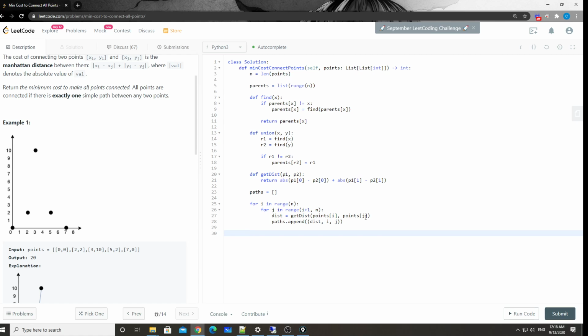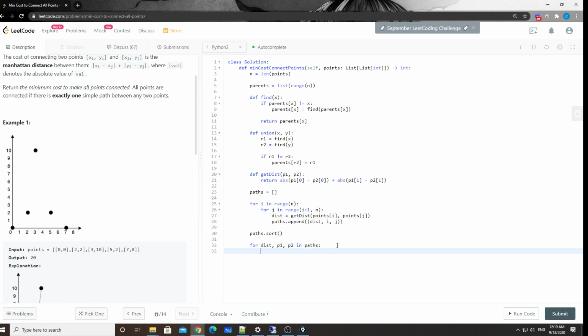Now we have all the paths here, I just need to do the sort. Now we start processing the paths from the smallest to the biggest: the distance, P1 and P2 in path.